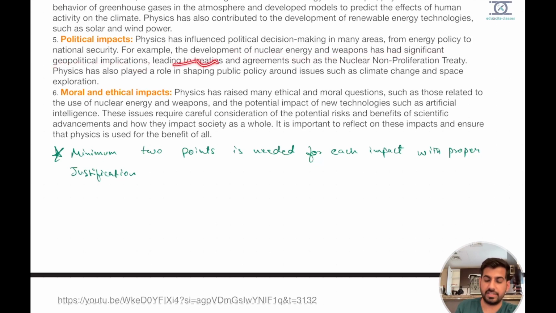It leads to treaties and agreements such as the Nuclear Non-Proliferation Treaty, right? You might have heard about this. The United Nations have signed these so that no countries will further enhance the nuclear use in terms of weapons and all those things, in terms of using it at a level which will hamper the peace and security of the nations as a whole.